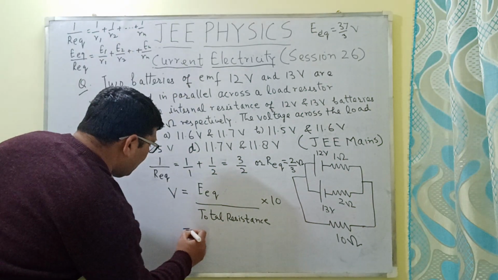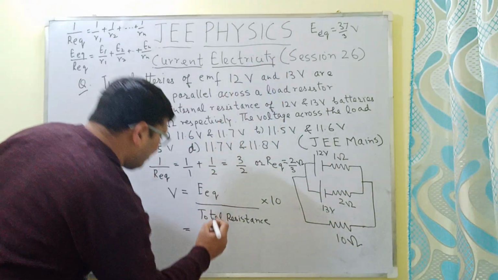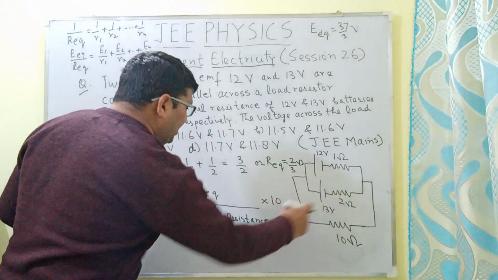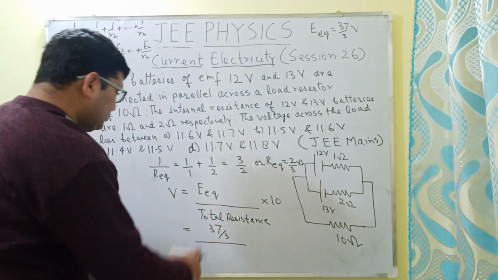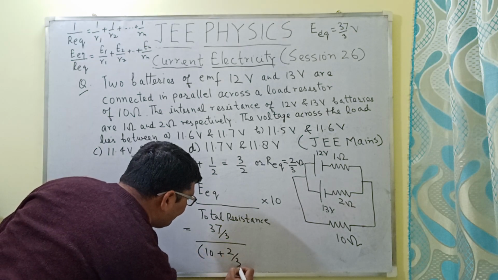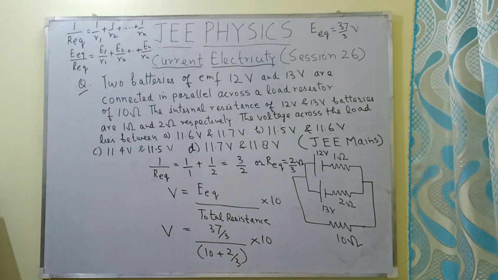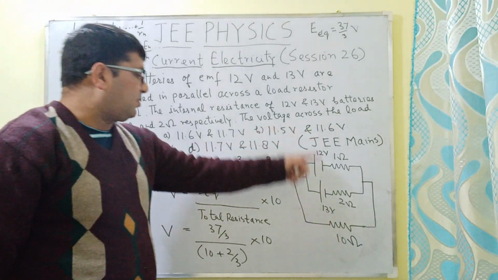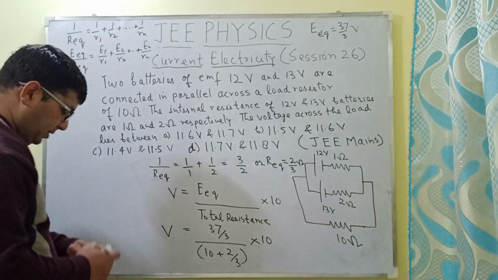Now E equivalent, which we have calculated, was equal to 37 by 3, and the total resistance will be equal to, see, the equivalent resistance of this parallel grouping was equal to 2 by 3. So the total resistance here will be equal to 10 plus 2 by 3, into 10. So now this is the voltage across this 10 ohm resistor, and we have to only simplify this equation.